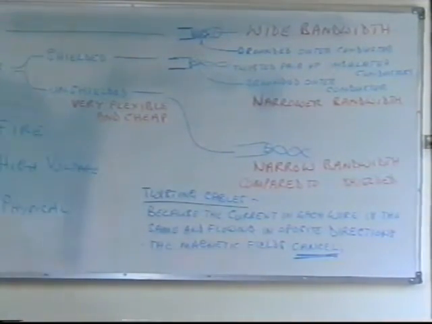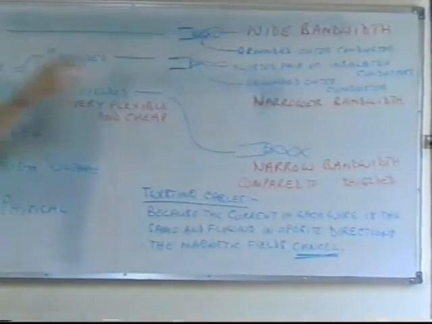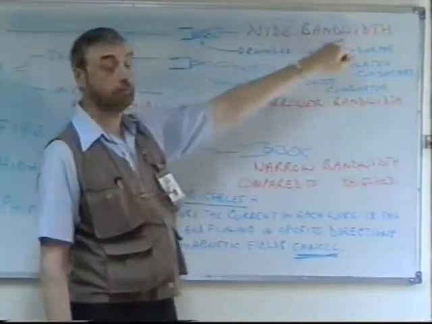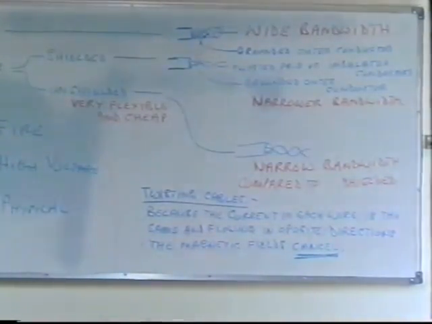In every case, to protect them. And of course, it doesn't matter which one of these we take, even the very best of the coax cable, although I've got here wide bandwidth, remember it's not going to be anywhere near as wide as fibre. That's your best.